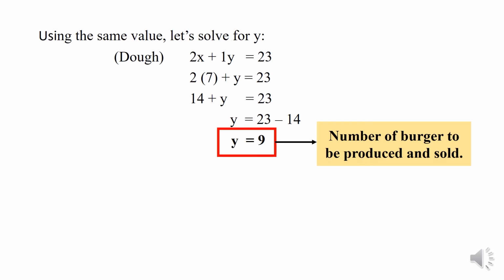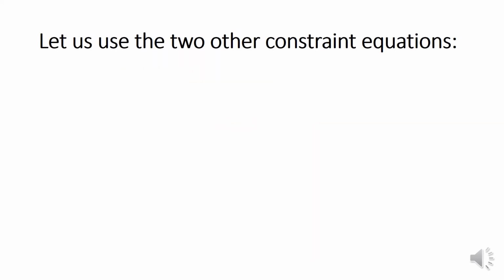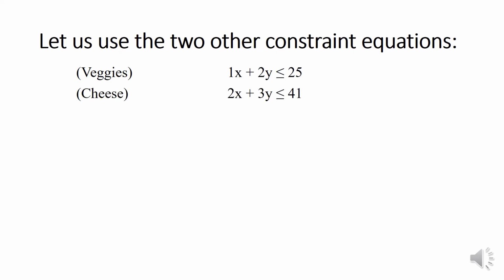However, let's use the other two constraint equations to see whether we will get the same answer. For the veggies and cheese, we have 1x plus 2y is less than or equal to 25, and for the cheese you have 2x plus 3y is less than or equal to 41.